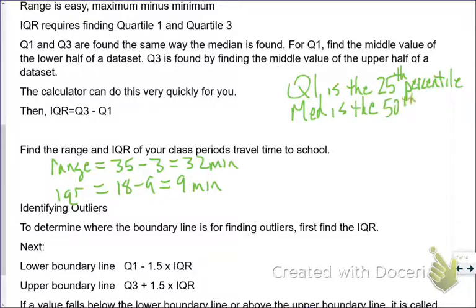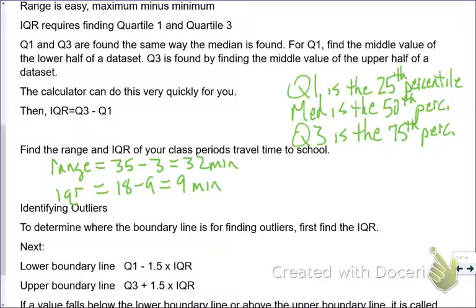We'll talk about percentiles eventually, but this is just kind of bonus information. Remember, a percentile's the percent below. So if Q1 is the 25th, that means 25% of the data set is below Q1. Median's the 50th, that means 50% of the data is below the median.